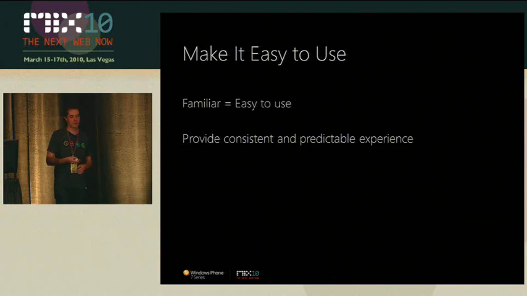You basically want to make experiences as familiar for the user as possible. When the user gets to your application, they expect to use that application the same way they are using other parts of the Windows Phone device. So make it consistent and make it predictable.